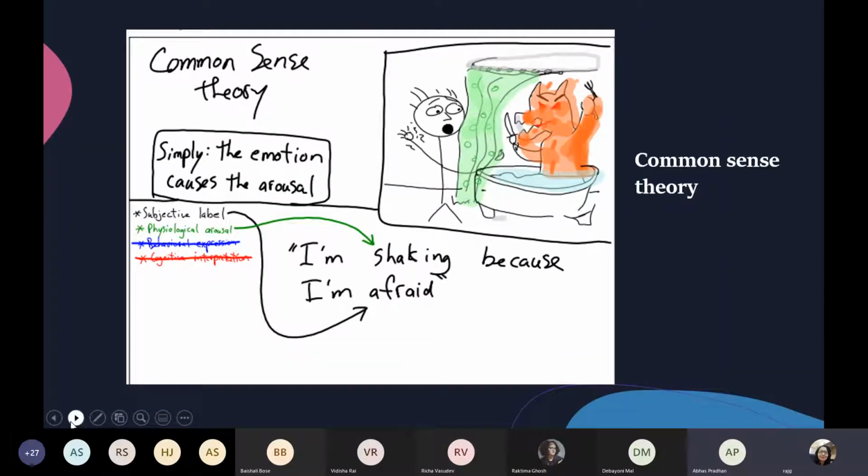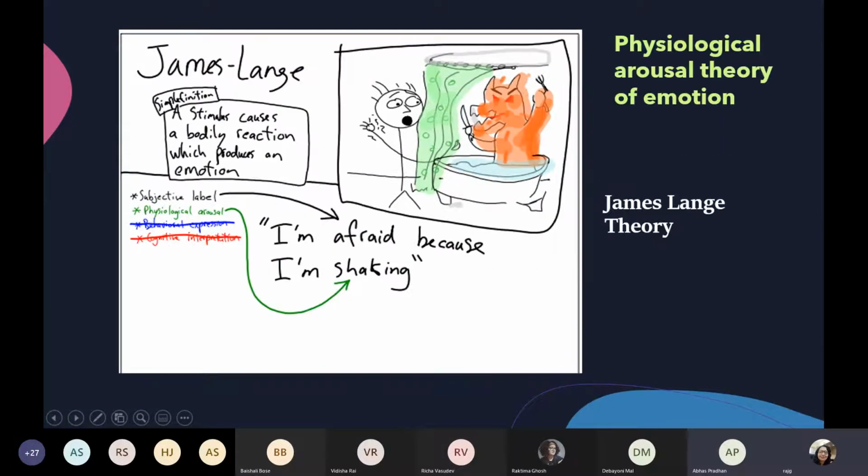Now let's look at the next theory that came along, in 1890 by James Lange. Two individuals got together and came up with this theory, which says that I am afraid because I am shaking. So it's just the opposite of the common sense view.